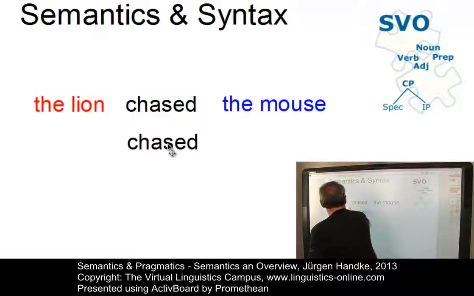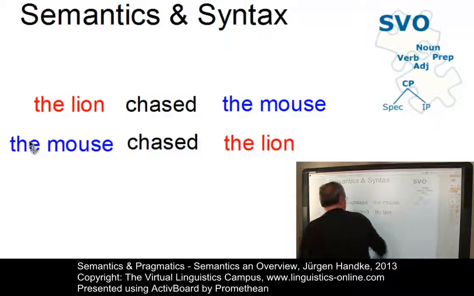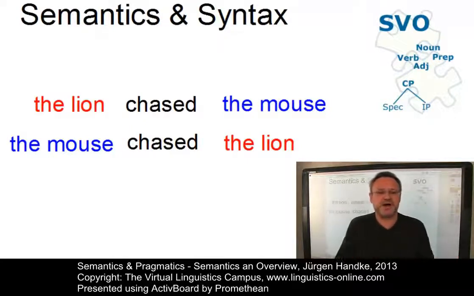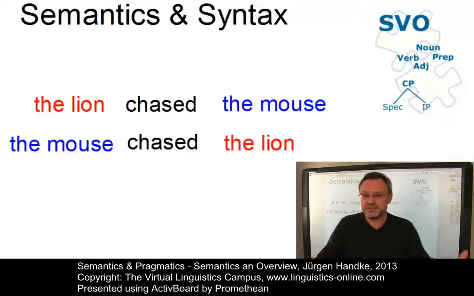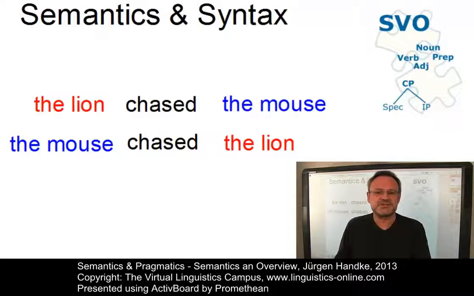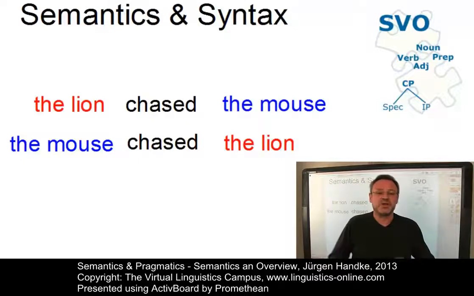So let's create a new sentence like this. Well, and here you clearly see we have a different meaning. This is because the parts of the sentence are structurally related to each other. And in present-day English, this structure is reflected in the word order. The exact division of labor between syntax and semantics and the way they interact, that is, their interface, are among the most interesting and central, but also the most controversially discussed issues in linguistics.